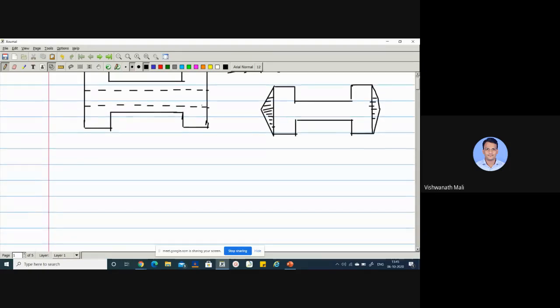We make the cavity. How do we make the cavity? Using cope and drag.